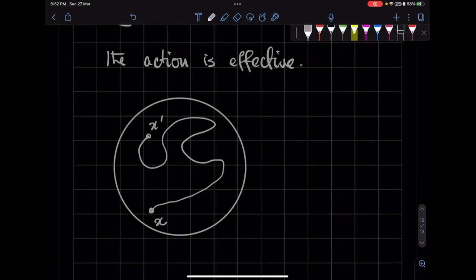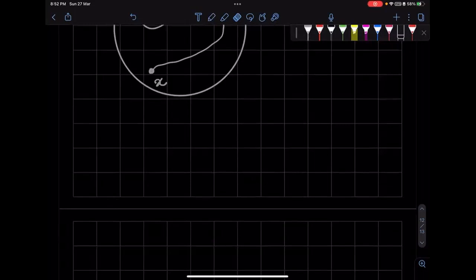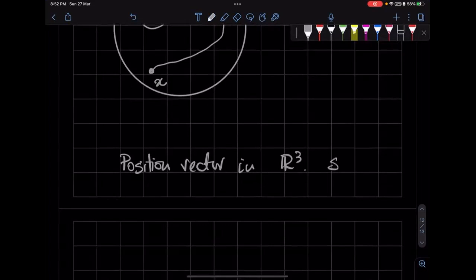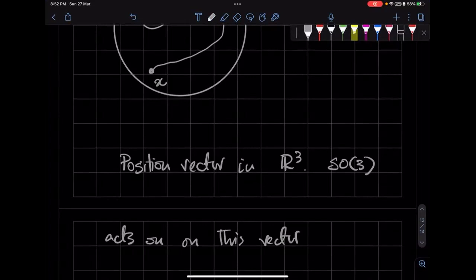Another way of thinking about it: suppose we have a position vector in R3. Now, if I apply all the elements of the group SO3, we go to all these other points and they form the whole two-sphere, right?